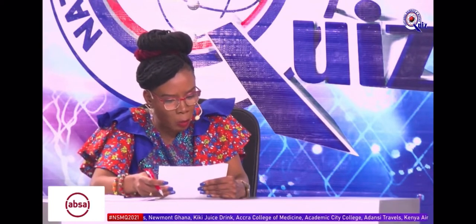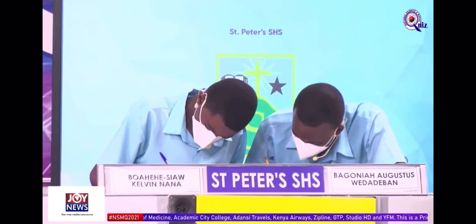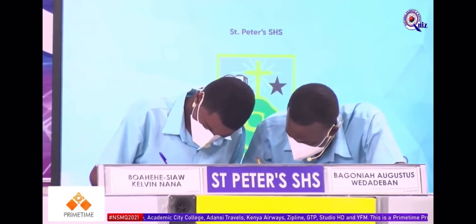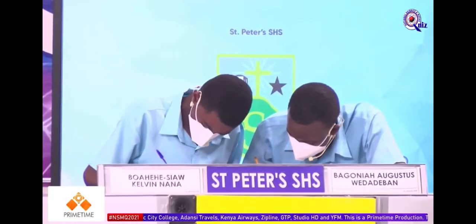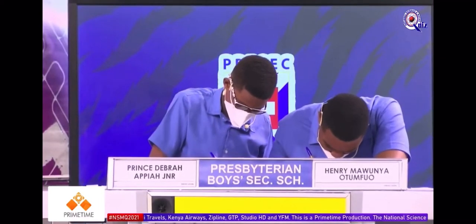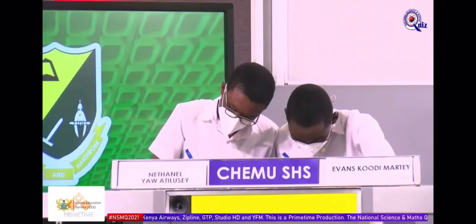Also consider the following bond energies, all in kilojoule per mole. Nitrogen, hydrogen, single bond, 386. Oxygen, hydrogen, single bond, 459. Nitrogen, nitrogen, triple bond, 942. Nitrogen, oxygen, double bond, 607. And oxygen molecule, 494. I hope you got it.